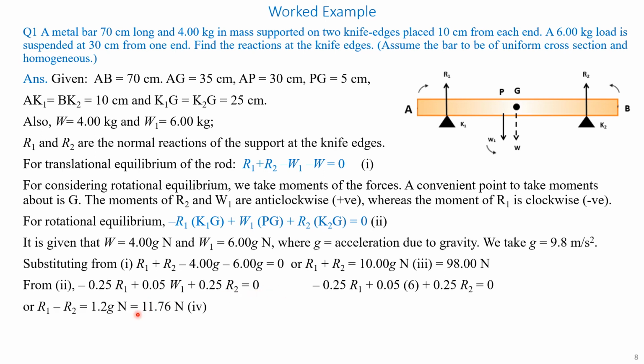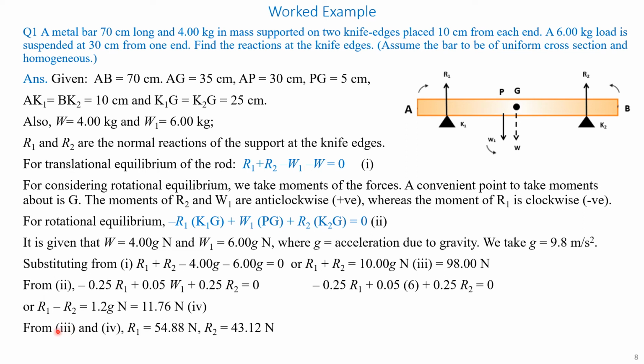Therefore, R1 minus R2 is equal to 1.2g newtons, that is equal to 11.6 newtons. Let it be equation 4.